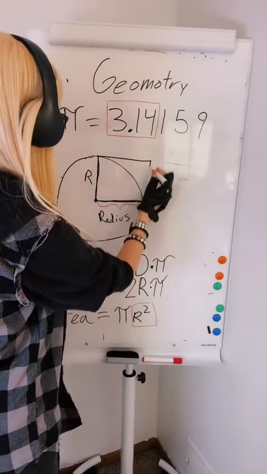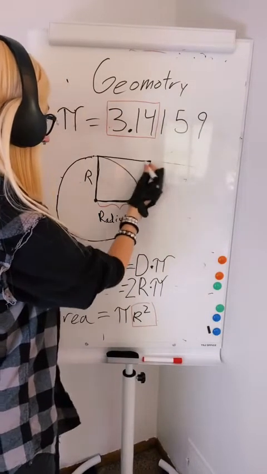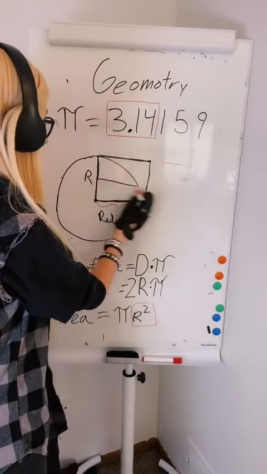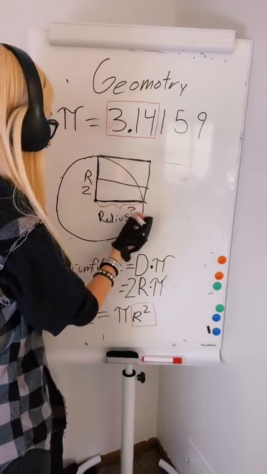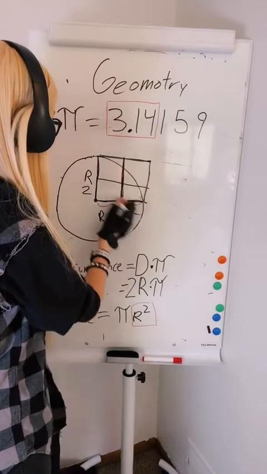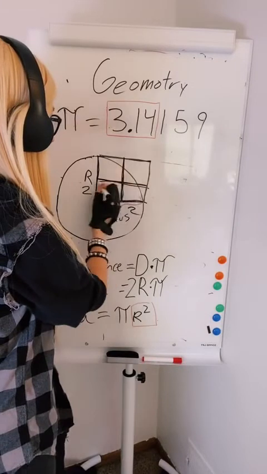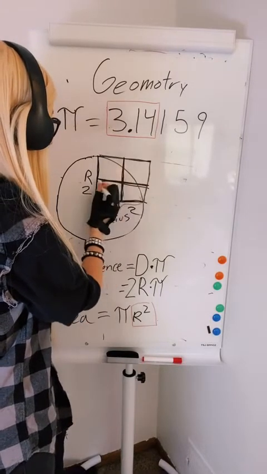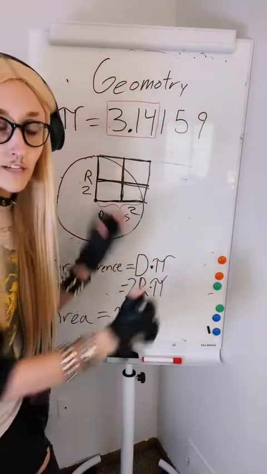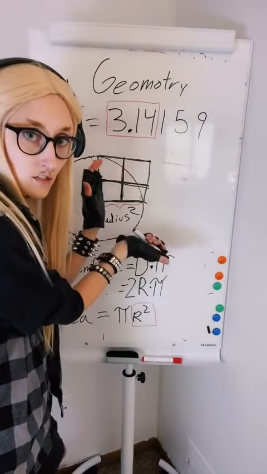So I am technically finding the area of a square for this part. Let's say that for some reason it's 2 by 2, just for an example. I am finding this area. So I have technically found this.